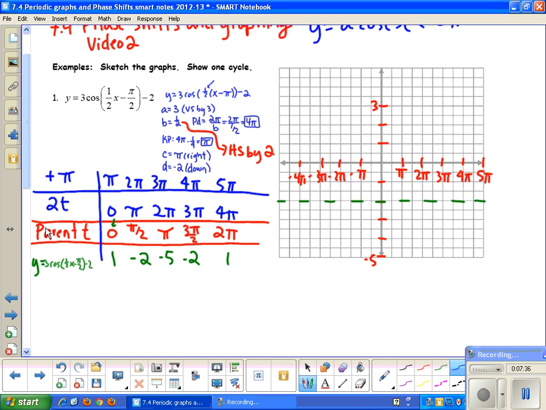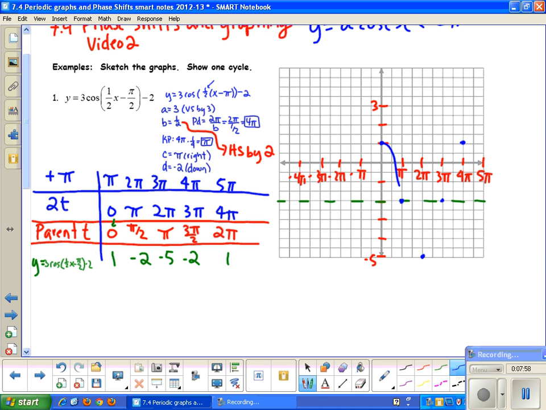So cosine graph normally starts at 1, but we stretched our graph up by 3. So I'm going to count 1, 2, 3 up from my new x-axis. And then the next point I know would be here. And then I'm going to count down 1, 2, 3 to get this point here and here.